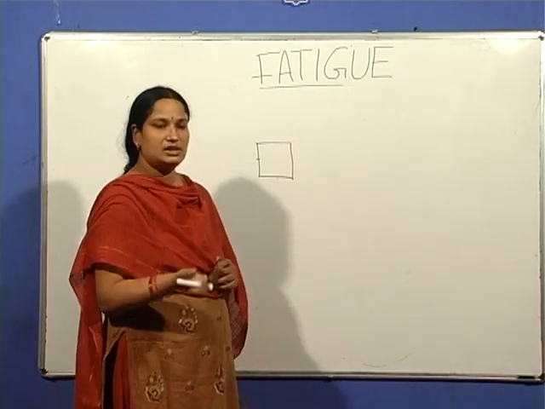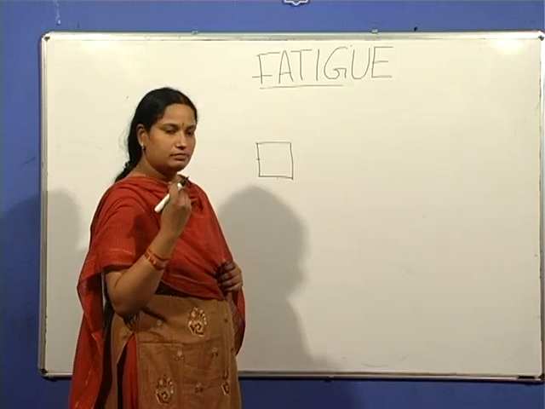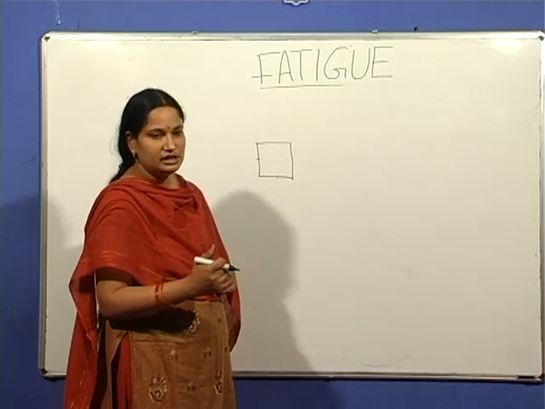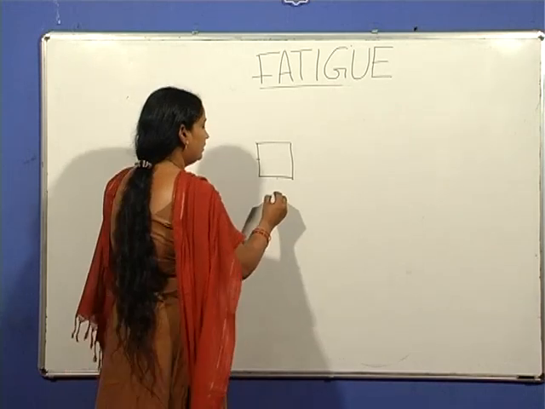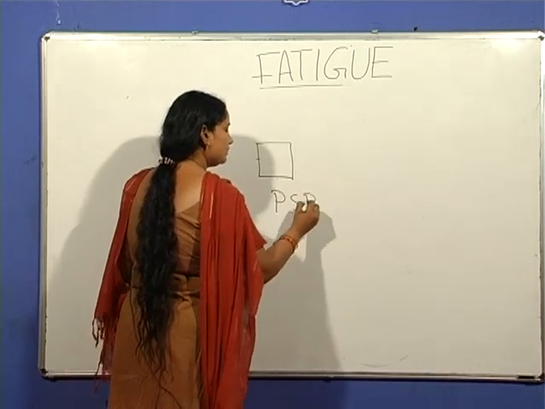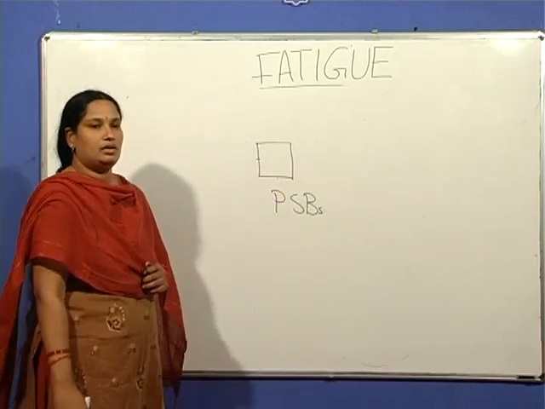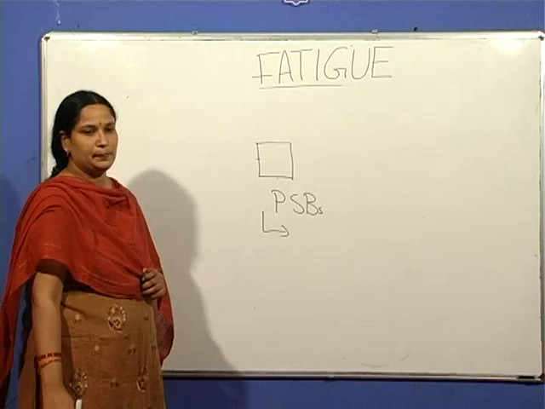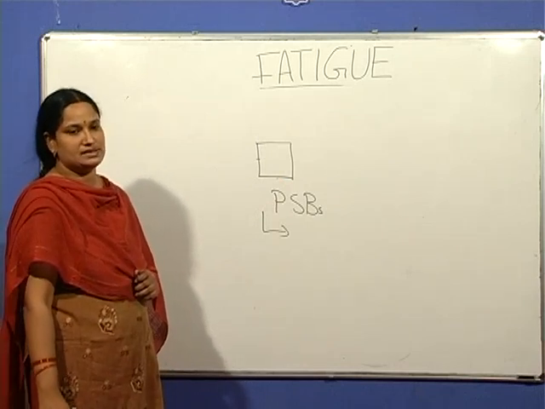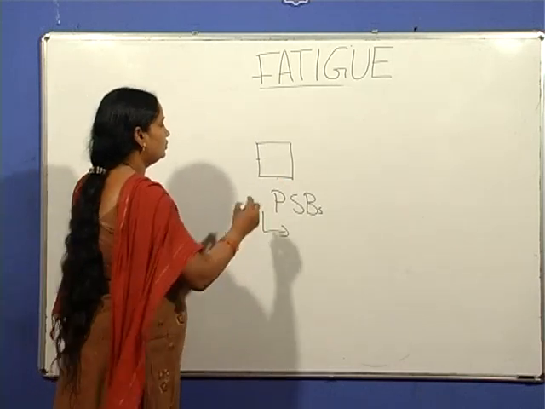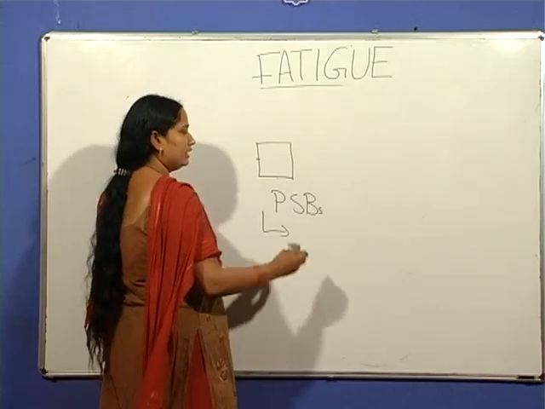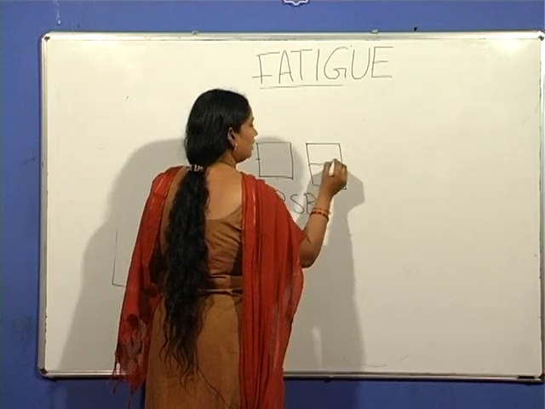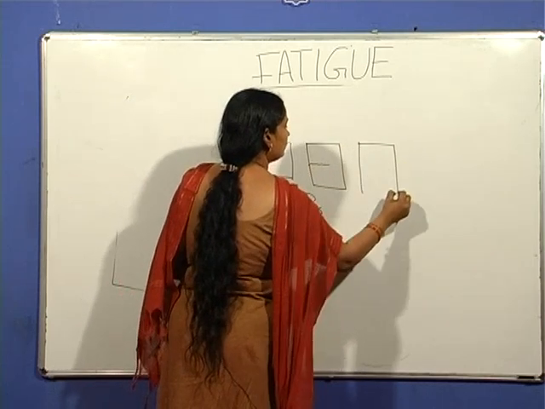Whether or not there are discontinuities, notches or flaws present on the surface, they can still initiate at persistent slip bands, PSBs, because they can persist even after repeated polishing, so the name persistent slip bands. So once the fatigue crack nucleates, it propagates and leads to failure.